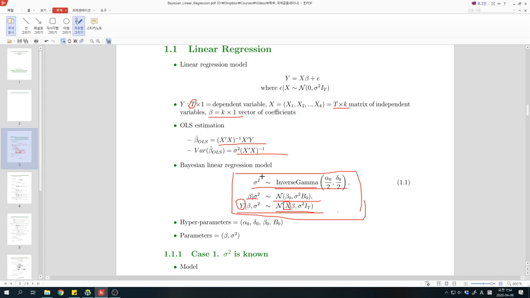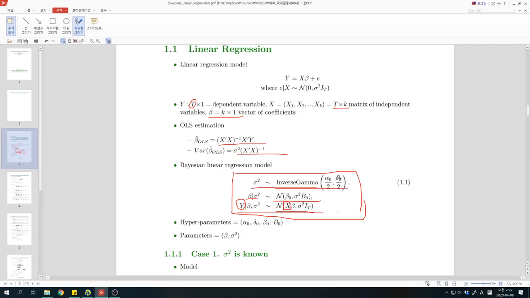Why? Because we call these parameters hyperparameters. Hyperparameters are not random variables. These parameters are deterministic, that is, constants chosen by researchers, chosen by yourself, so there is no uncertainty about these hyperparameters.